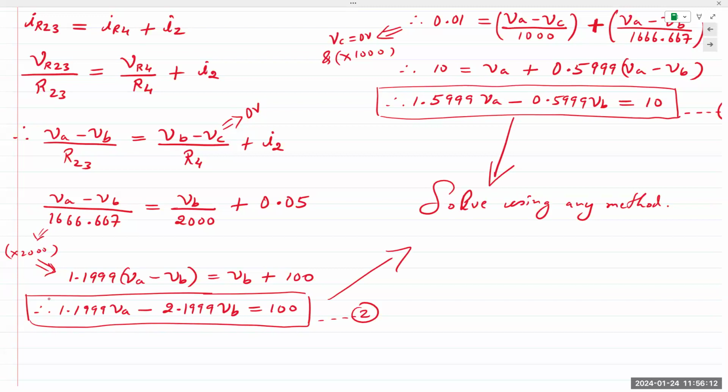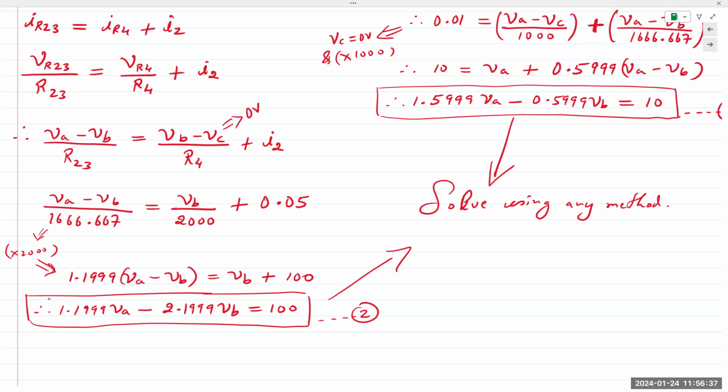You solve them using any method you're comfortable with. If you have a programmable calculator, you can plug these equations in there. It will spit out a couple of values for you. But you need to be adept at using your calculators. My calculator device is from the 90s. It's not fancy. It cannot do any programmable functions. So I solve it manually by hand.